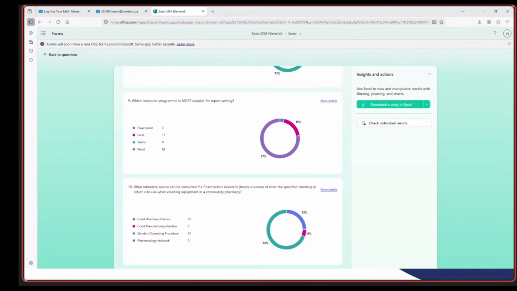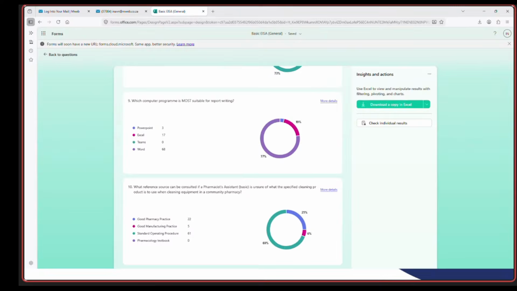We have the good pharmacy practice, but remember the good pharmacy practice is a guideline. It tells you that you have to clean, but they don't say the how and with what. Your good manufacturing practice, if you look at those, they are also only guidelines, and your setting here is a community pharmacy.